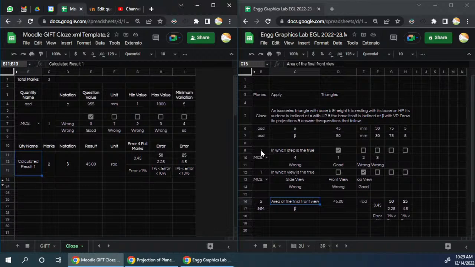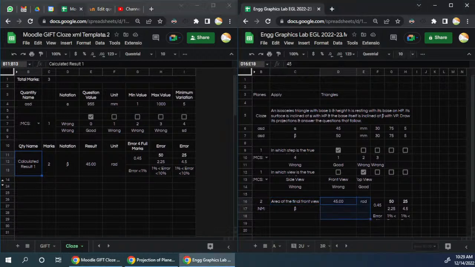I guess this is good enough, isn't it? Okay, let's merge it vertically. So I guess this is the one we're going to go with for now.